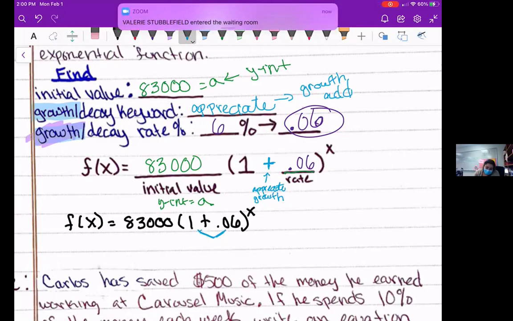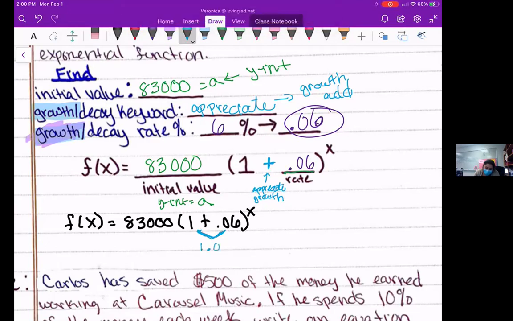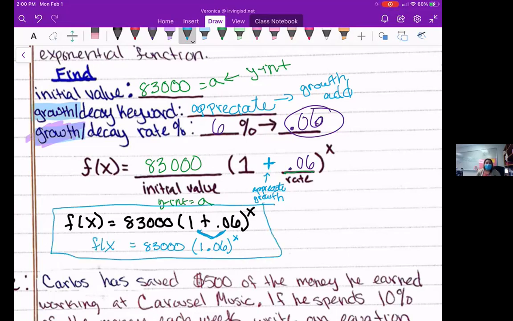So this right here, 1 plus 0.06 is 1.06 to the power of x. And don't forget that you're multiplying times 83,000, and that is your function. Both of these are correct. I don't know what your multiple choice is going to look like, but you have to be able to simplify inside of the parentheses. What we also have is a way to check yourself.